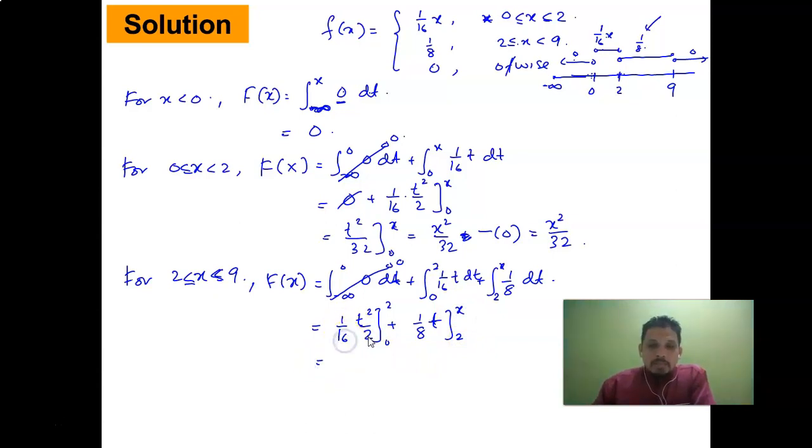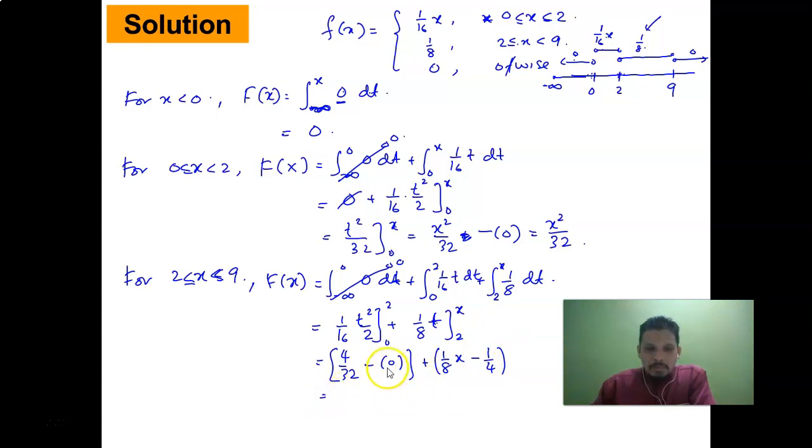So 16 times 2 is 32. Substitute t with 2, 2 square equals 4, so 4 over 32, minus substituting t with 0, where 0 square divided by everything is 0. Plus, substitute t with x, so 1 over 8 x, minus substituting t with 2, so 2 divided by 8 equals 1 over 4.